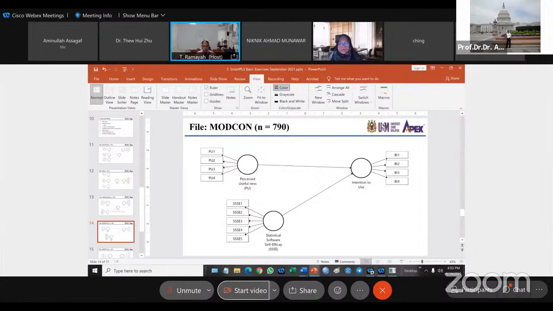So we will run the independent and moderator directly to dependent first, and we will introduce the interaction effect with the software. So we will go to the software and start a new project, UMT5.